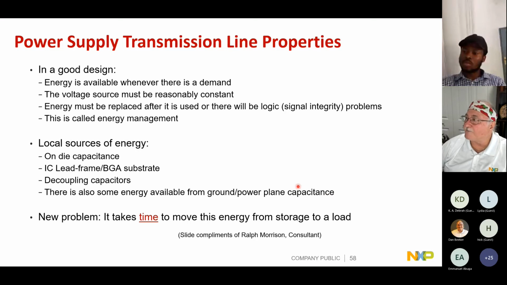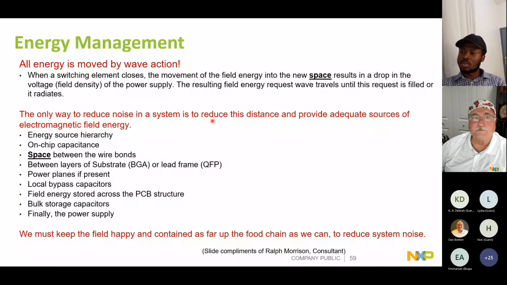It takes time for these waves to go there and come back. So it's all moved by waves. Again, this is the hierarchy. The farther away from the switch, the longer it takes to get there. So you can't get a nanosecond request for energy from a power supply that's 3 inches away.